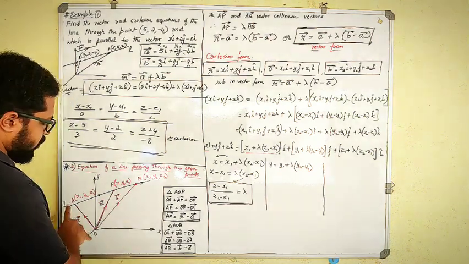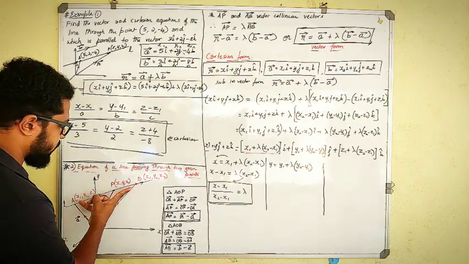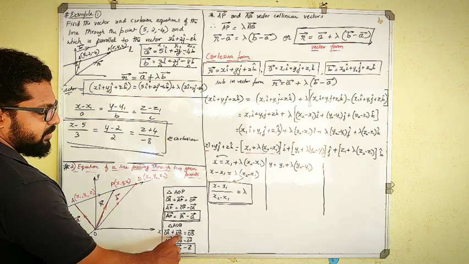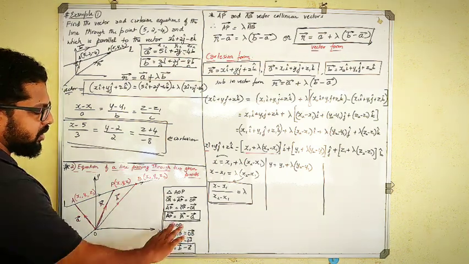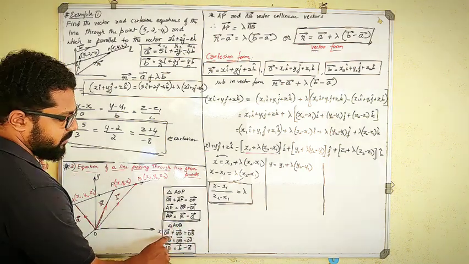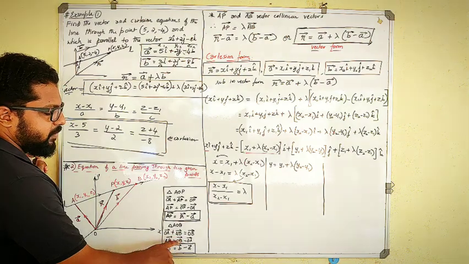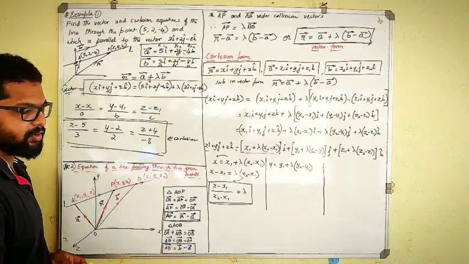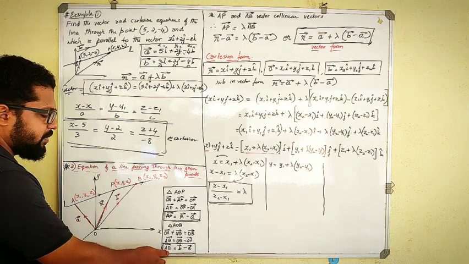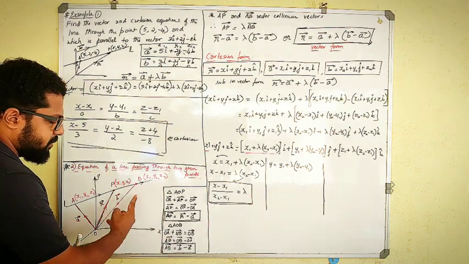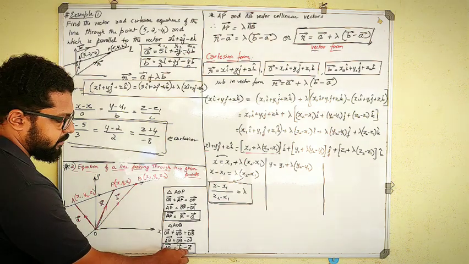So OA vector plus AB vector is equal to OB vector. Then I shift OA to that side. It becomes AB vector is equal to OB vector minus OA vector. Then substituting their corresponding position vectors, AB vector is equal to B vector minus A vector.